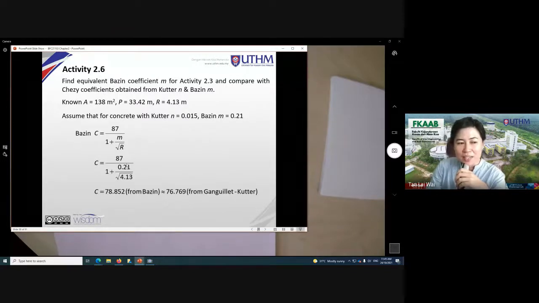So actually, where does all this formula come from? It's from experiments and dimensional analysis. The variables of the formulas used are slightly different. Therefore, you have slightly different answers.